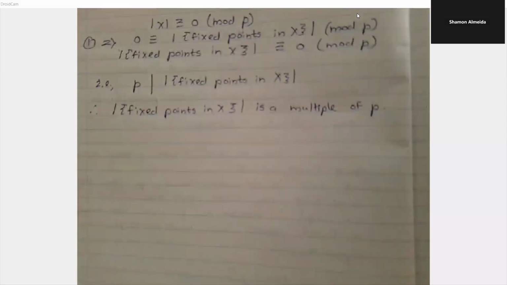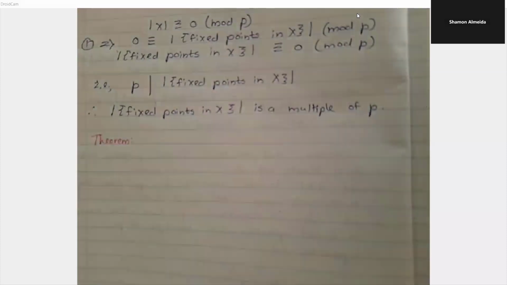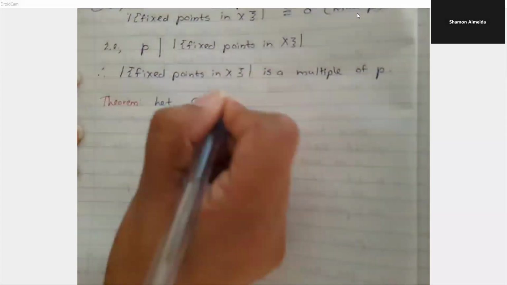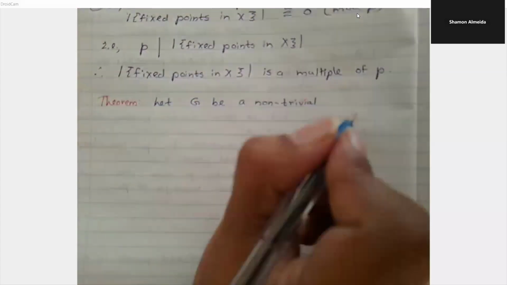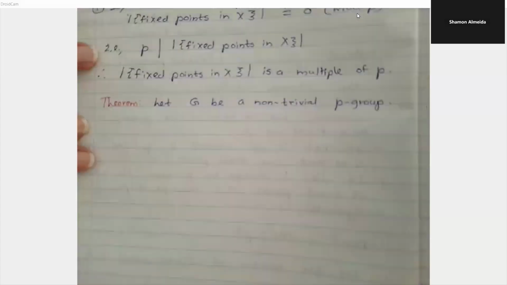Right, let's do a small theorem and then we'll finish off for today. Let me write the statement. Now let's take G to be a non-trivial P group. That means G is not the trivial group.